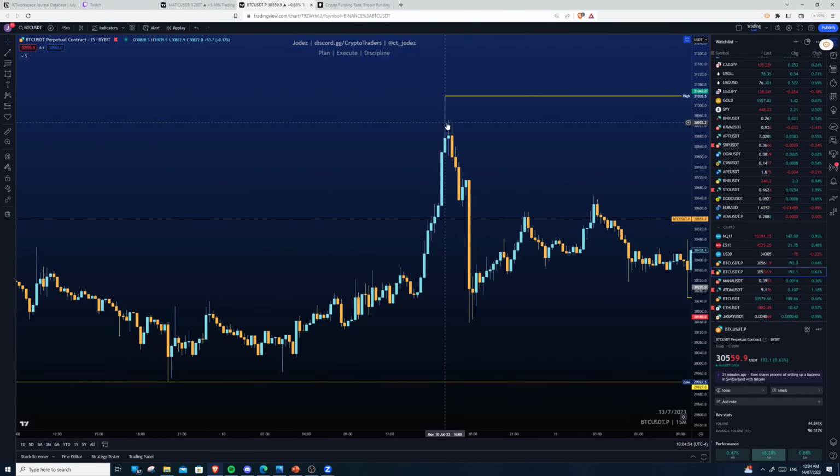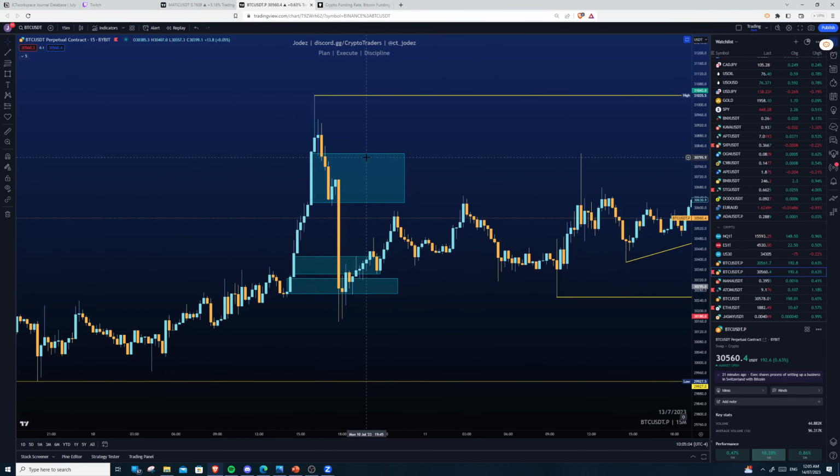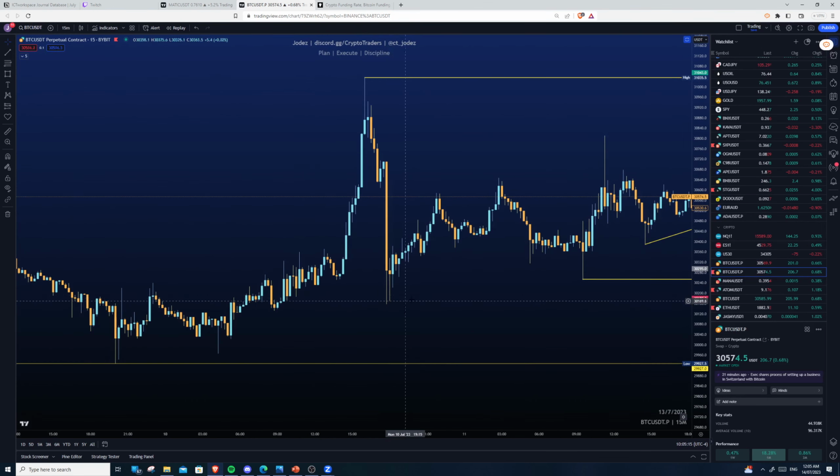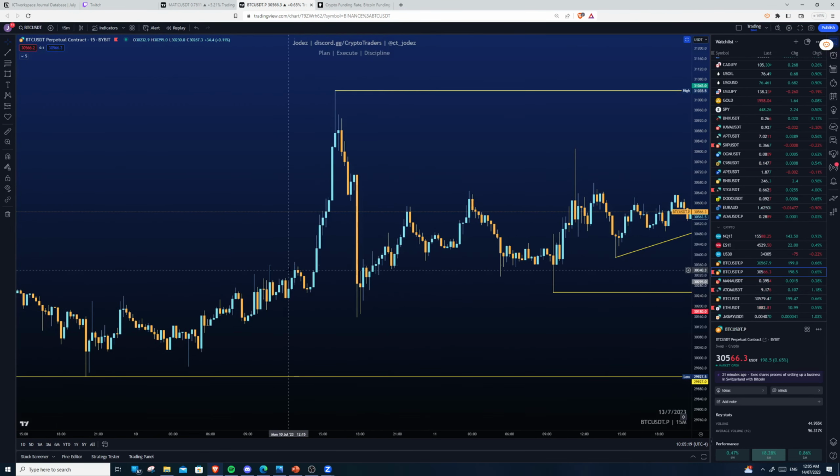Like this, by this strong move to the upside, multiple fair value gaps here, here, and here. So obviously not every single fair value gap will give a significant reaction. So we need to consider ones that are more likely to give a reaction.